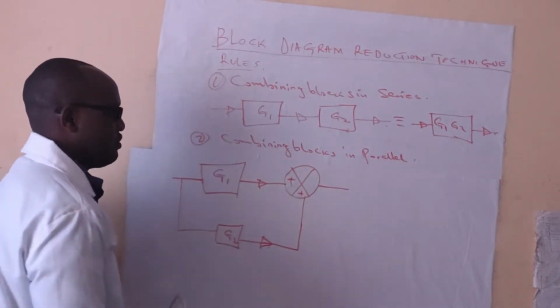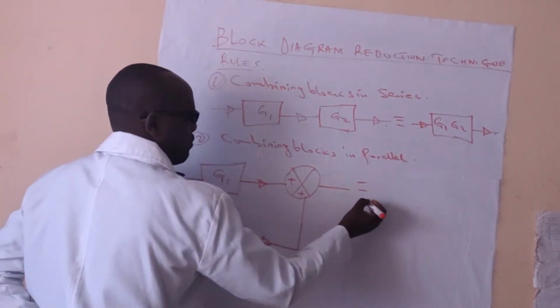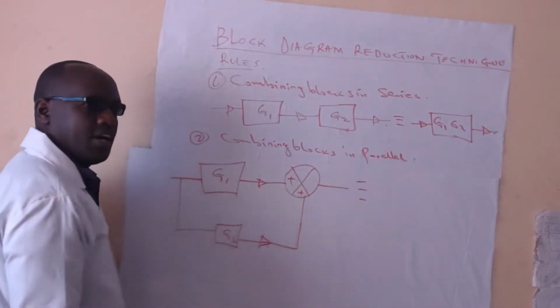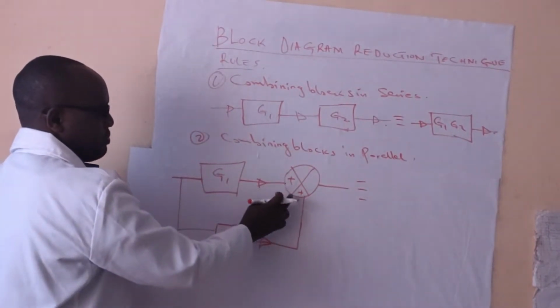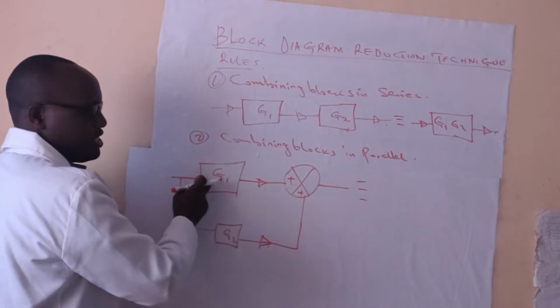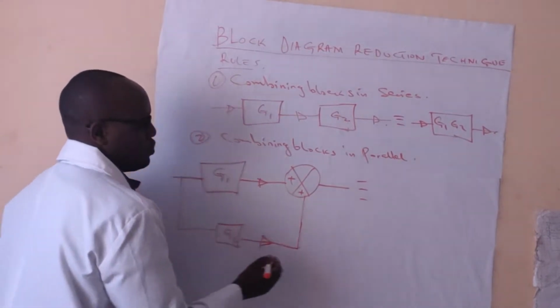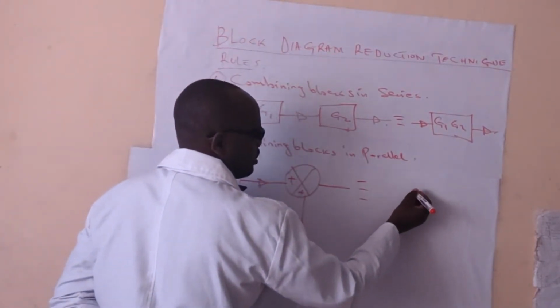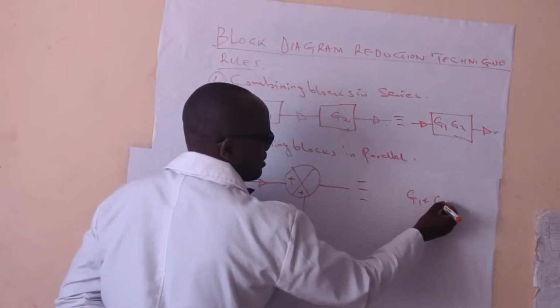So what is the equivalent of that? The equivalent of that, based on the summing, you see this plus, then you are going to say G1 plus G2. So the equivalent of this will be G1 plus G2.